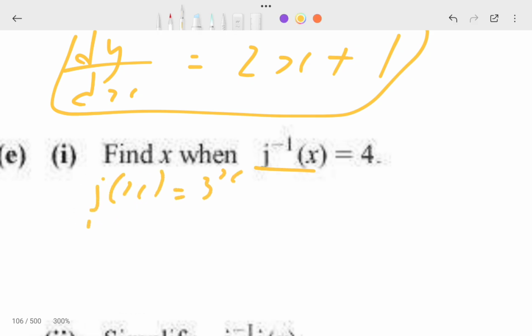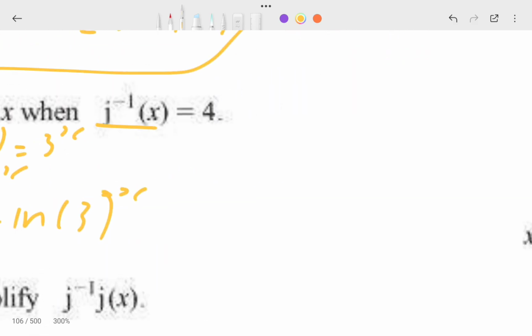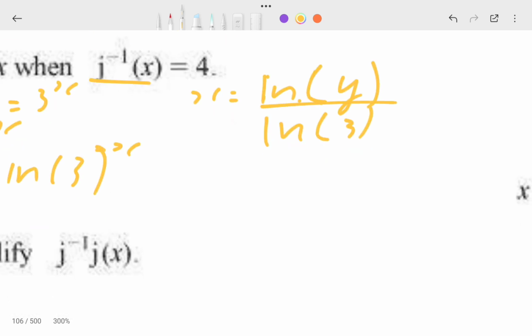Taking ln on both sides, ln of 3 power x, so x will be equal to ln y over ln 3. We will replace y with x, so j inverse of x is equal to ln x over ln 3.